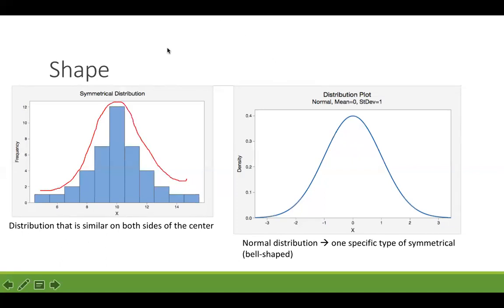A type of symmetrical distribution is a normal distribution. It's bell-shaped. So these normal distributions are not exactly symmetrical as the symmetrical distributions are, but they're in this bell shape that you see here.